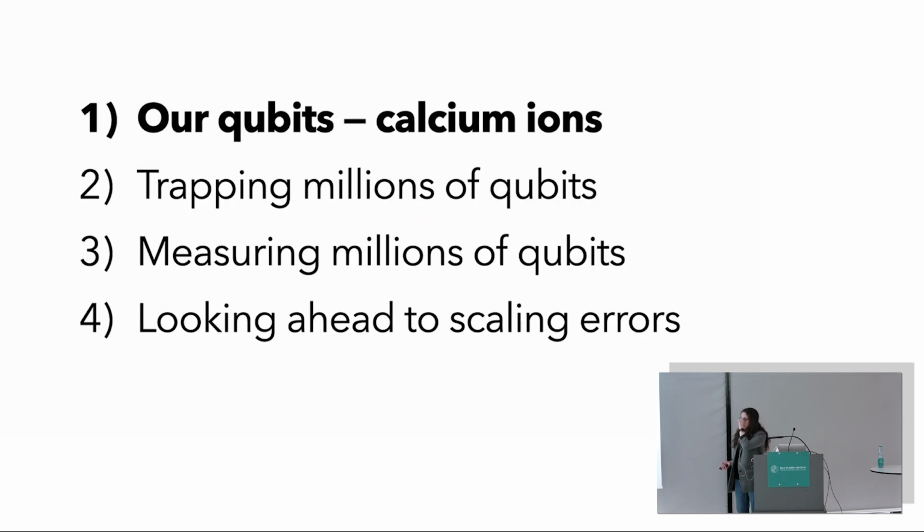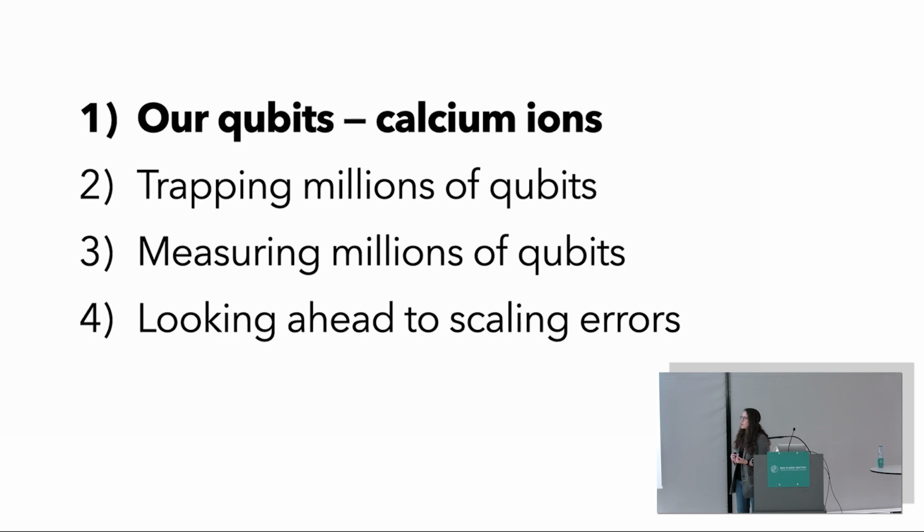So today I'm going to talk about how we're hoping to pick away at these problems and help solve some of these hindrances towards utility scale quantum computing. First, I'll talk a little bit about the qubit that I use, which is singly ionized calcium-40 atoms.